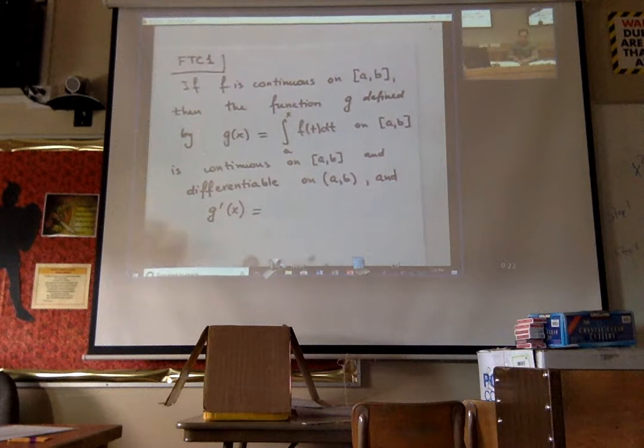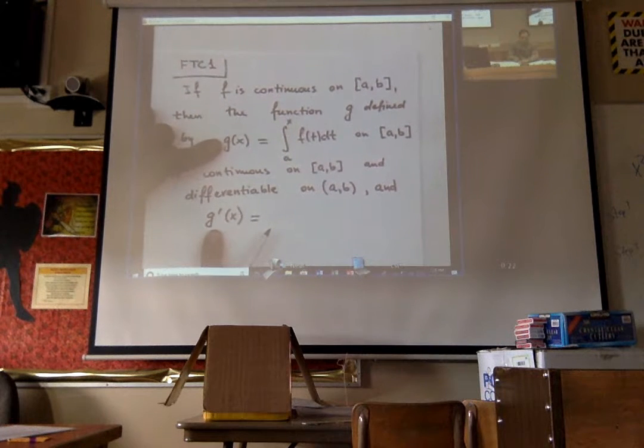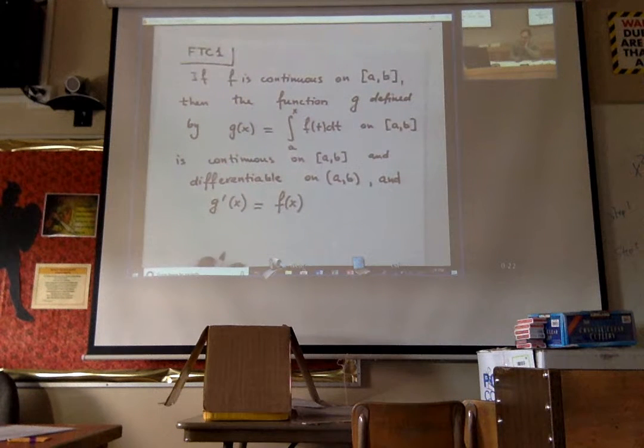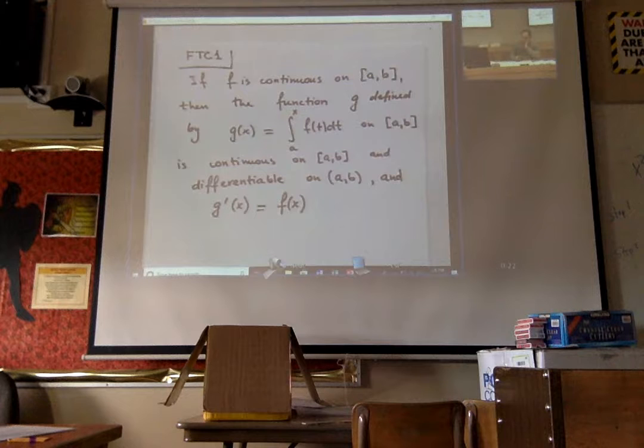I'm going to take the derivative of this function, okay? And g prime of x equals f of x. Okay? So finish writing, we'll talk about what that really is and how this can be applied and what we can do with this.